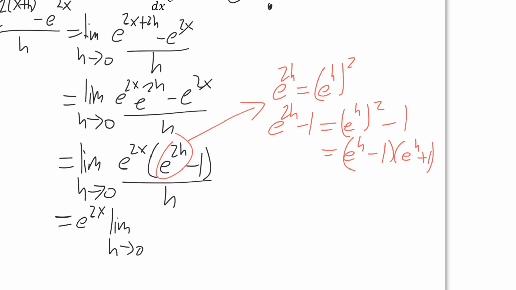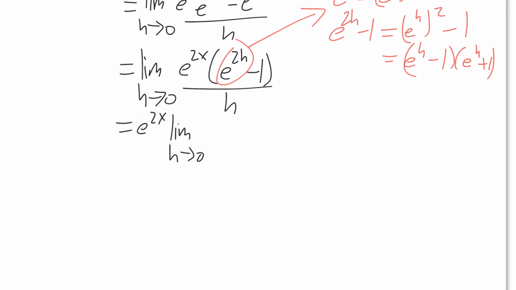If you don't believe me, we multiply it out. E to the h times e to the h is going to be e to the h squared. Then e to the h times 1 is e to the h. E to the h times minus 1 is negative e to the h, those cancel out. And we get a negative 1 in the end. So this actually factors beautifully as a difference of squares, e to the h minus 1 times e to the h plus 1.